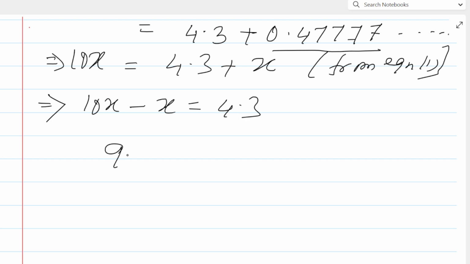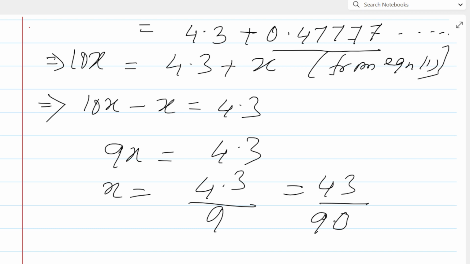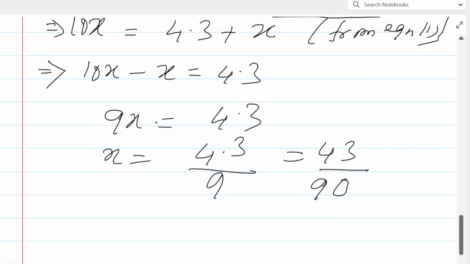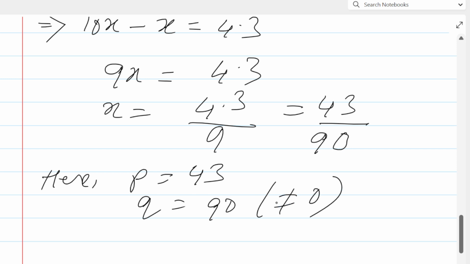So 9x equals 4.3, and x equals 4.3 by 9, equals 43 by 90, since the point moves to the denominator by multiplying by 10. So 43 by 90. Here p equals 43, q equals 90, which is not equal to 0. So this is the answer.